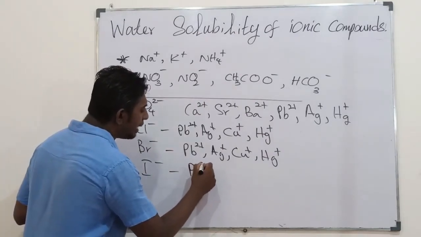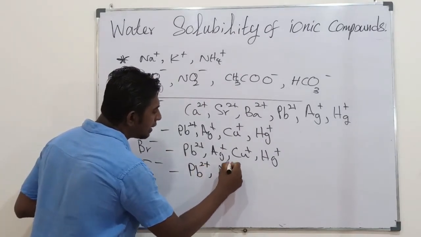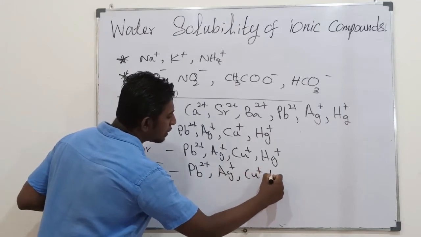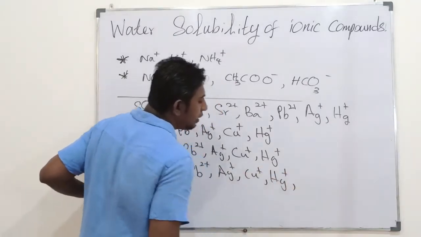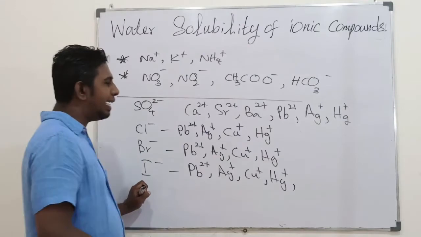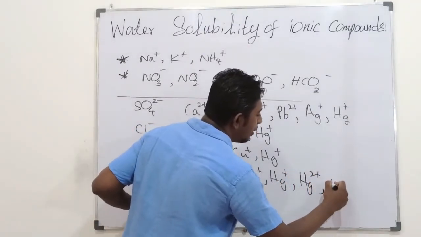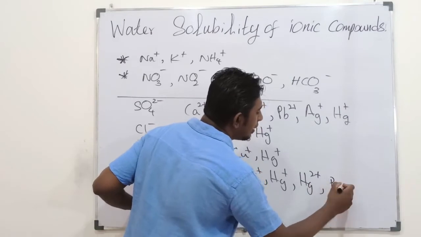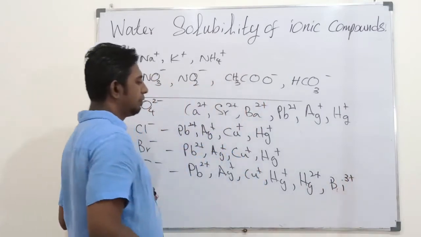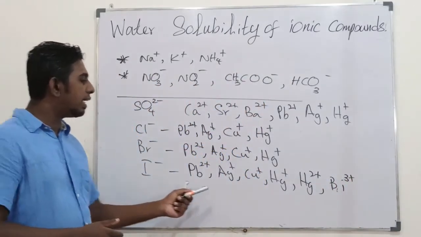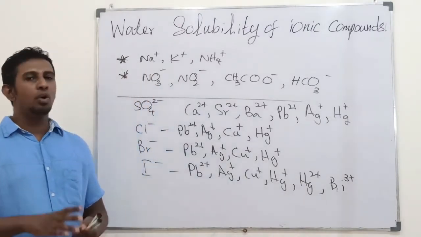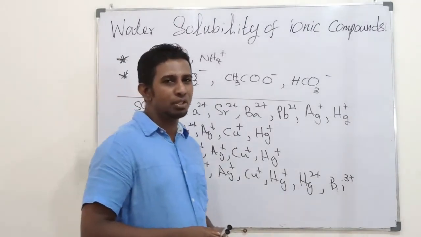When it's about iodide, you have the same list again: lead, silver, cuprous, mercurous, but here you have another 2 additionally. Mercury is also there now, and bismuth iodide. So students, only these iodides are water insoluble, all the other iodides are water soluble.